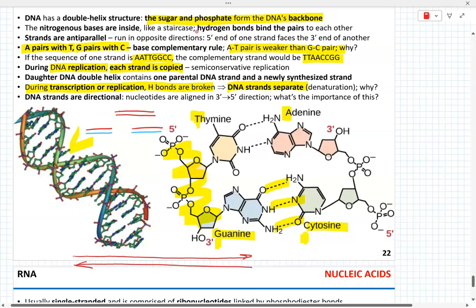In the double-stranded DNA, one strand runs in like 5 to 3 prime from left to right. In another one, it runs in the opposite direction. The directionality is important for the DNA function because it allows it to carry information.